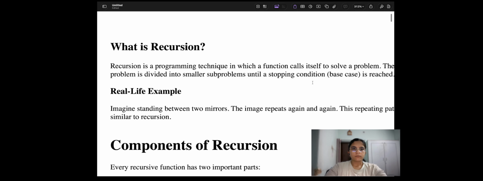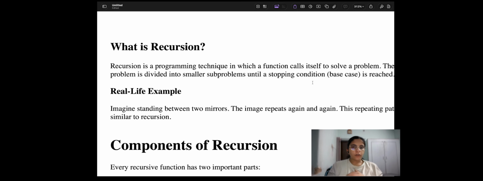That means the function calls itself again and again, and it doesn't stop until the base condition is reached.